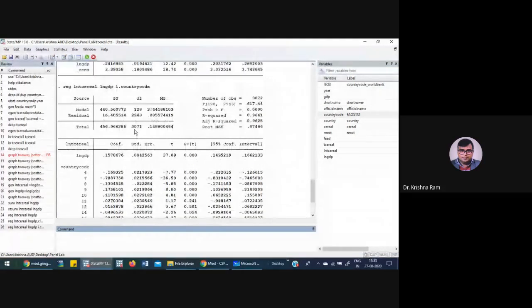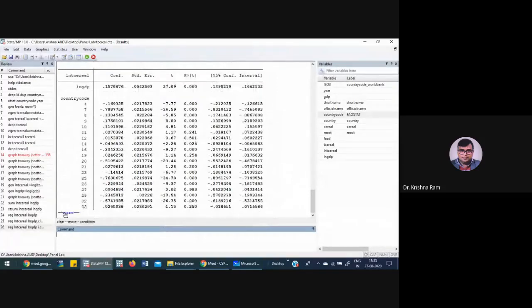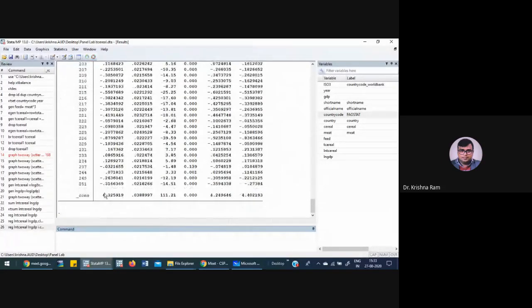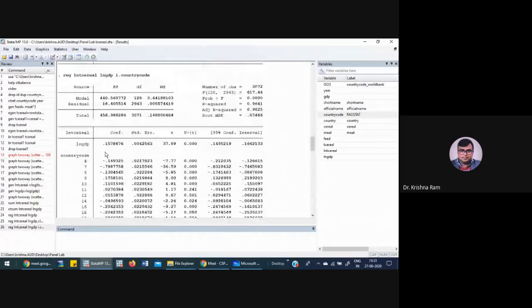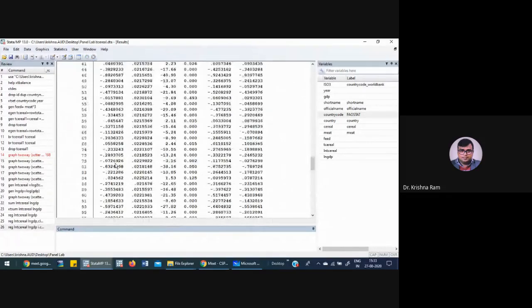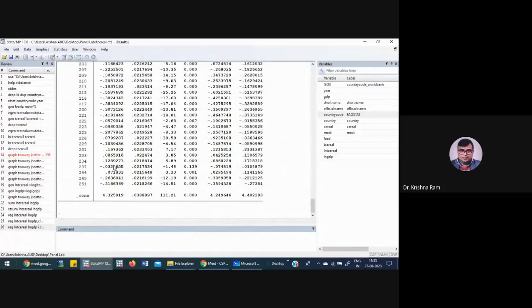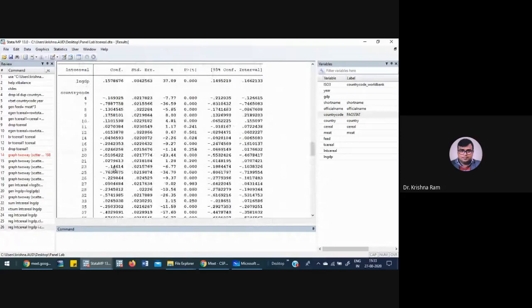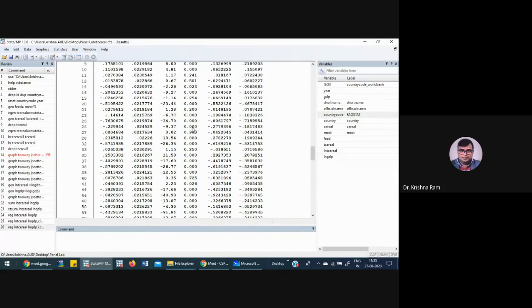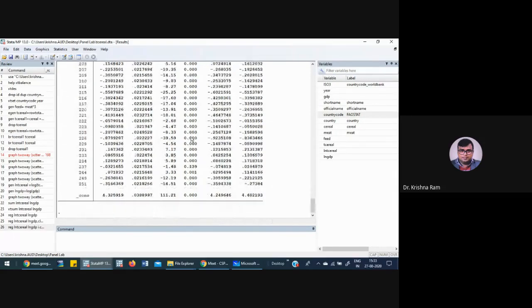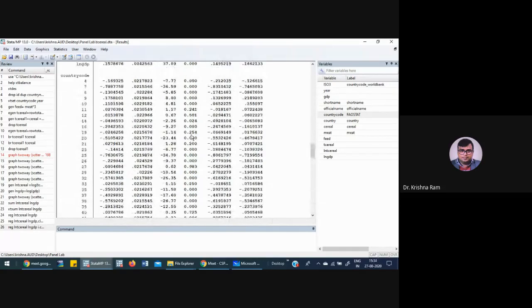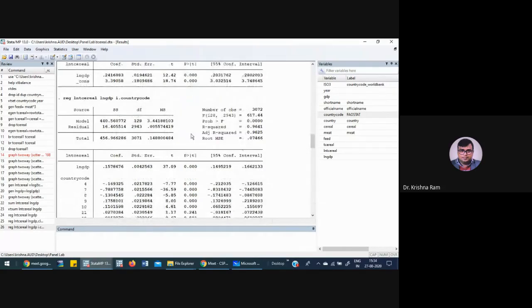If I enter, what you get is the coefficient value of log GDP, then coefficients of the dummy variables, and then the constant term. And we can see not only the coefficient value of log of GDP is statistically significant, but also, excluding a few, almost all countries' dummies are statistically significant.